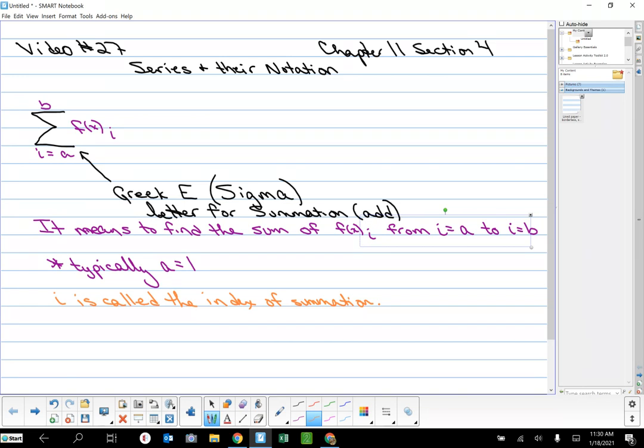So where A, we'll put a comma here, where A is the lower limit, and B is the upper limit.